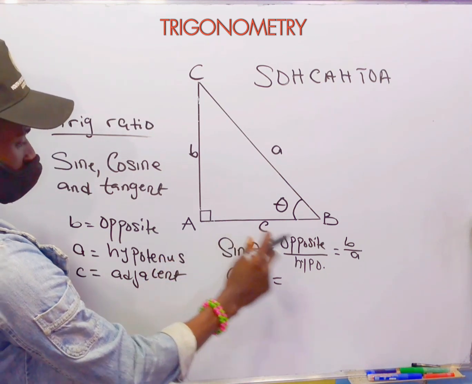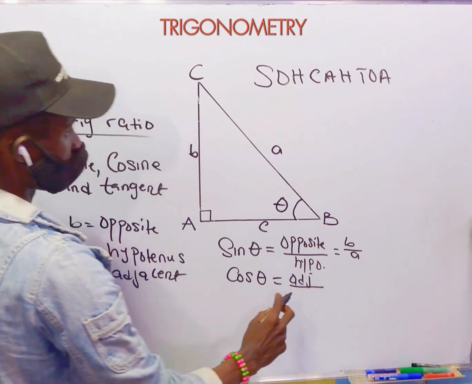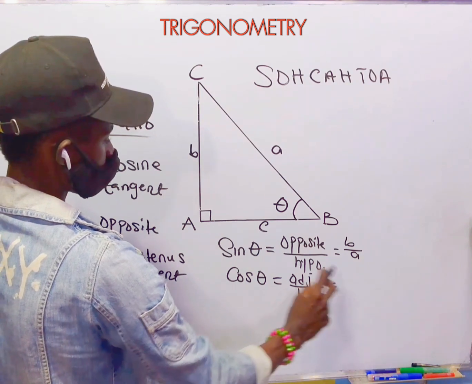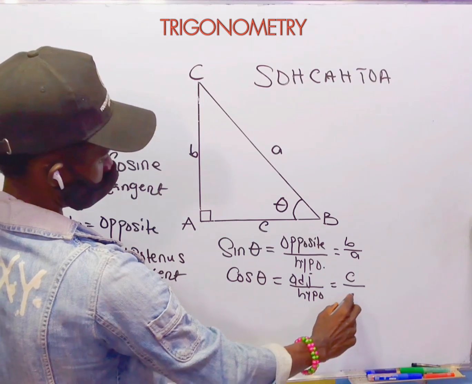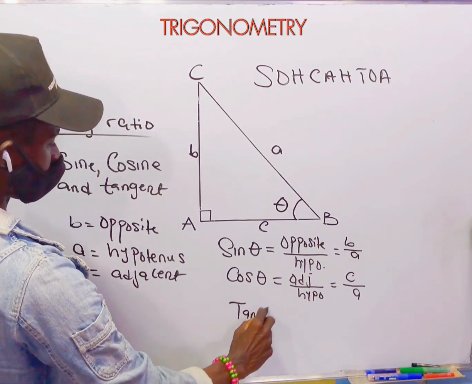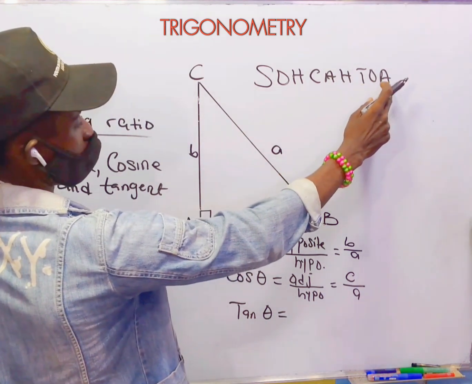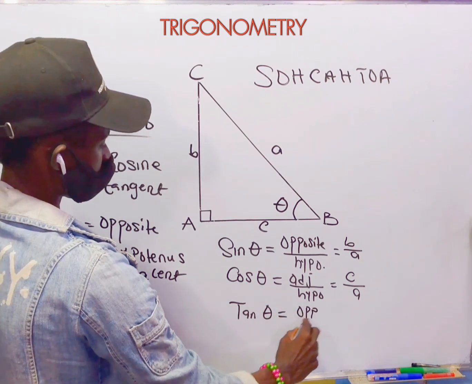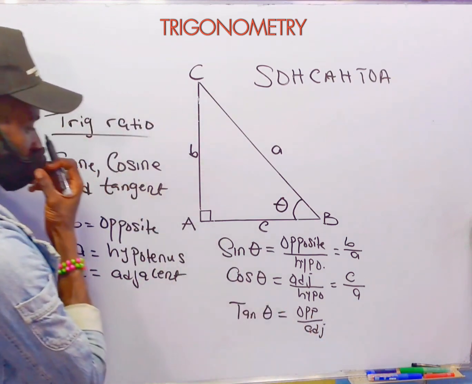Our adjacent is C, so cos theta is C over A. And tan theta is TOA, which is opposite over adjacent.